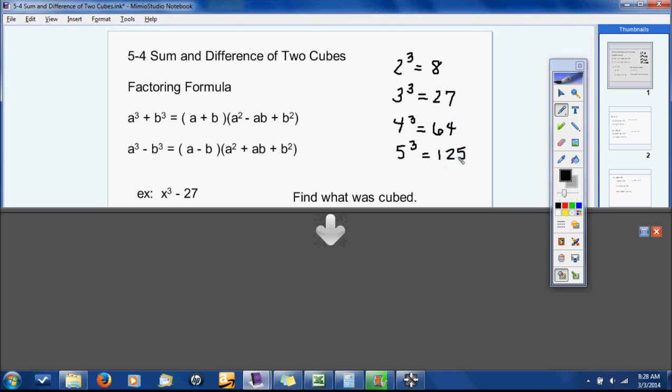So these are some very common cubes. You should keep them in your notes. Keep a little list on the side so that you can recognize them.